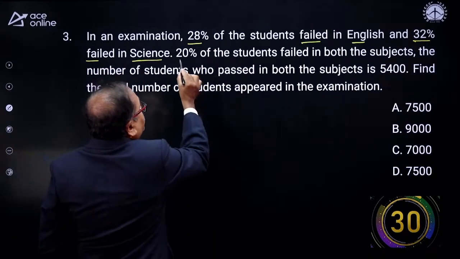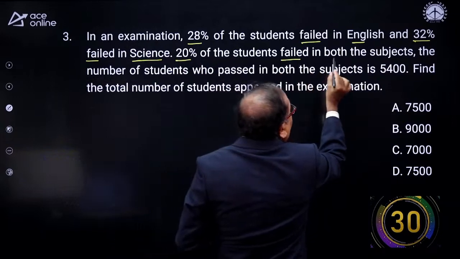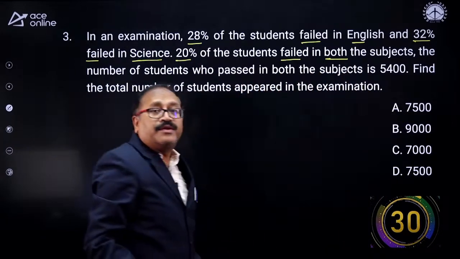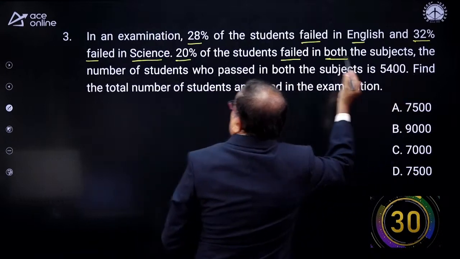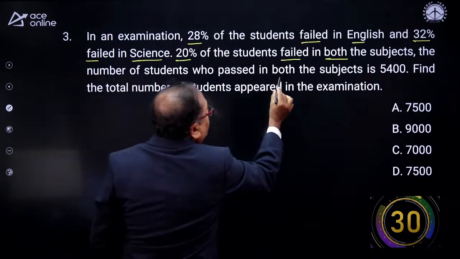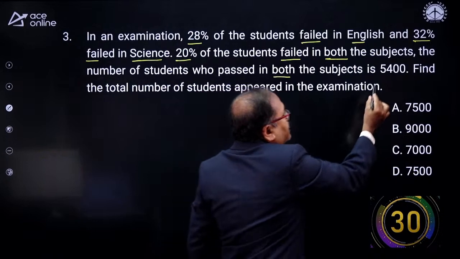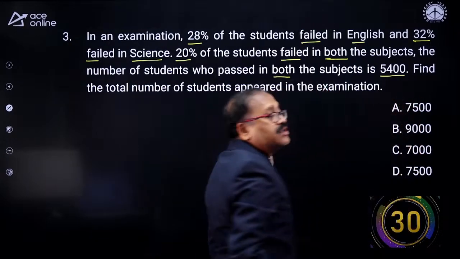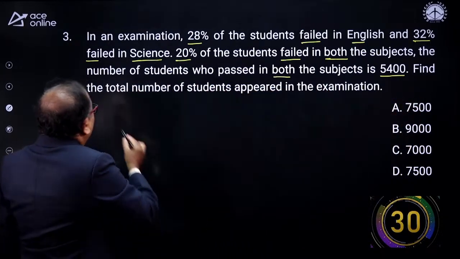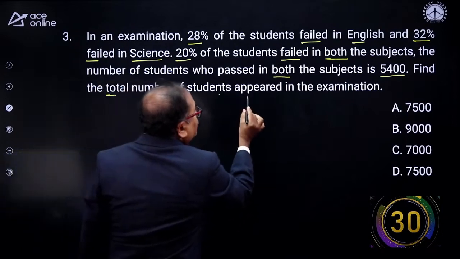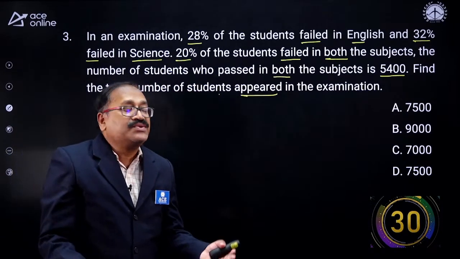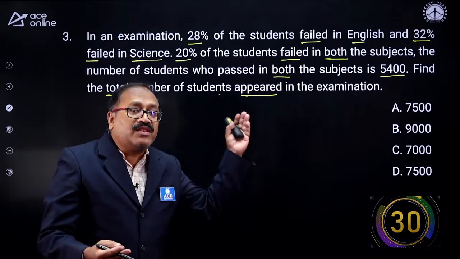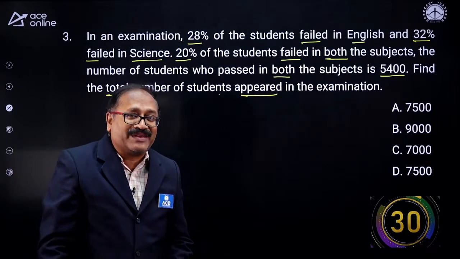Next, 20% of the students failed in both. The number of students who passed in both the subjects is 5,400. Find the total number of students who appeared in the exam. This is a very frequently asked question. I picked all the questions from previous papers.